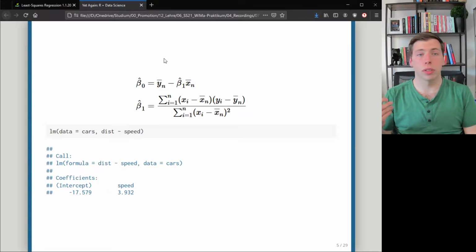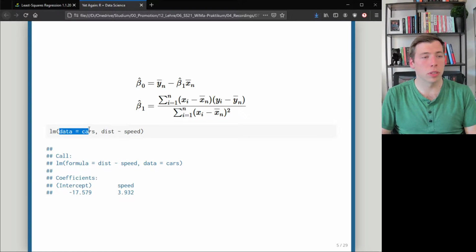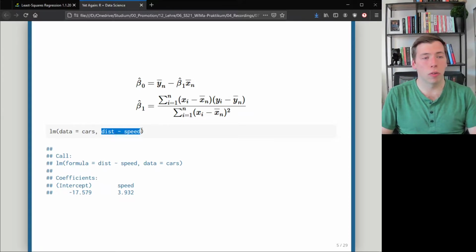And of course, since linear models are really popular, you don't even have to compute that by hand. You can simply call the lm function, as in linear model, and then tell R what data you want to use. And then, same as with the infer package, you describe the relationship between response and predictor via a formula using this tilde.